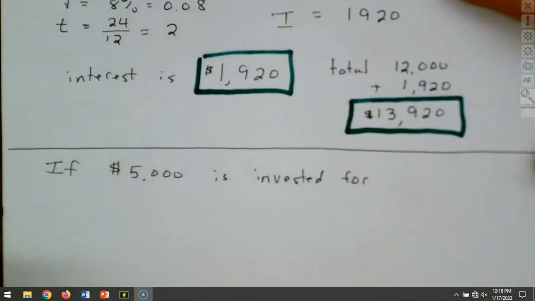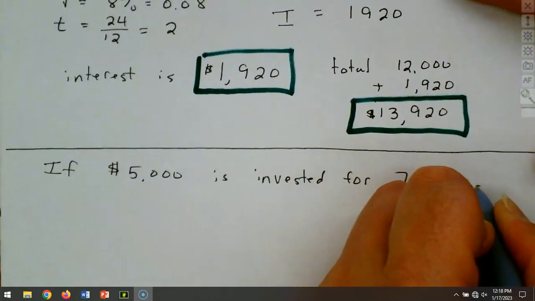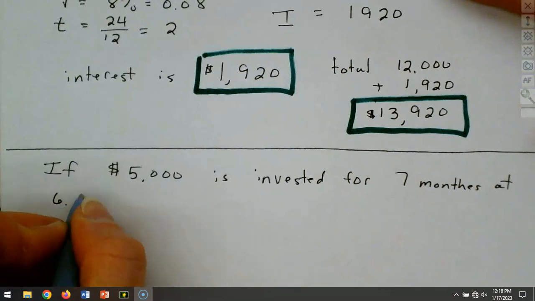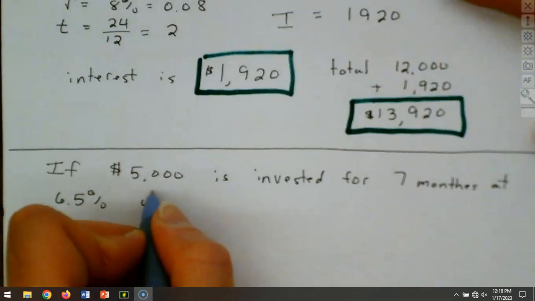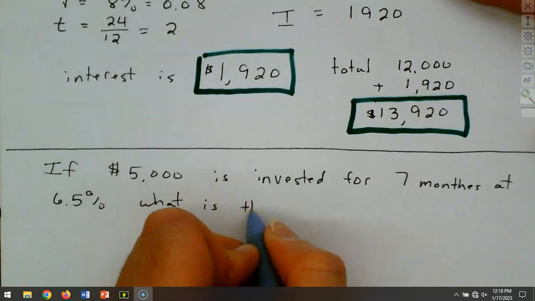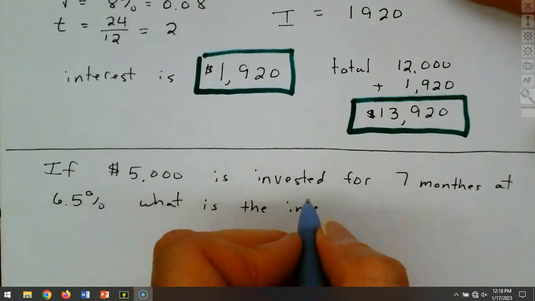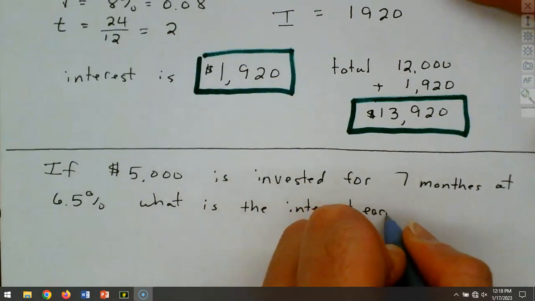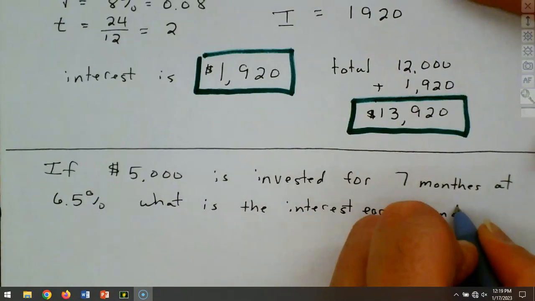For 7 months at 6.5%, what is the interest earned and the total amount?